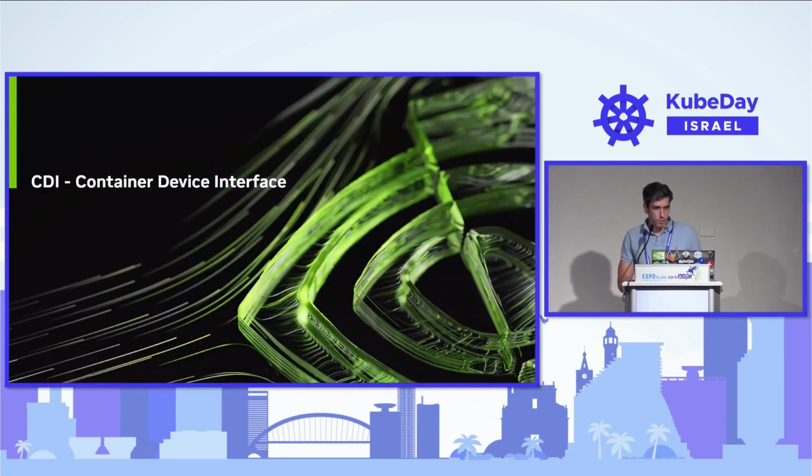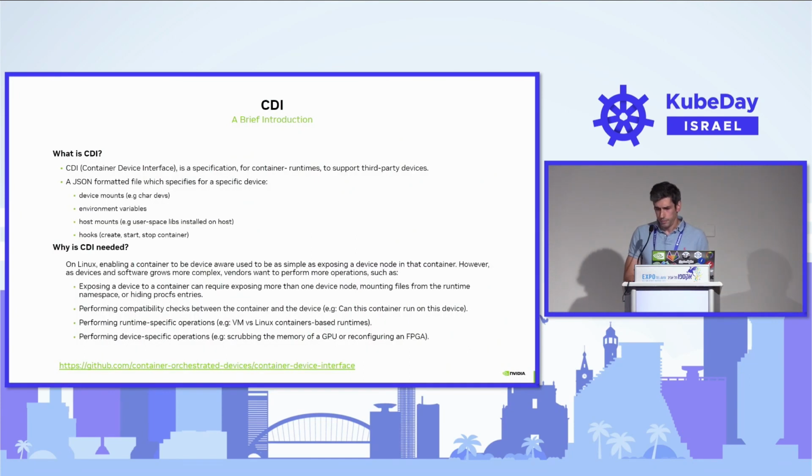Let's talk a little bit about what CDI is. Like we mentioned a couple of times before, CDI stands for Container Device Interface. It's essentially a JSON formatted specification, which describes how a device should be exposed to a container. It contains information such as device nodes which need to be exposed, like char devices, environment variables, host mounts, and hooks that need to be run.